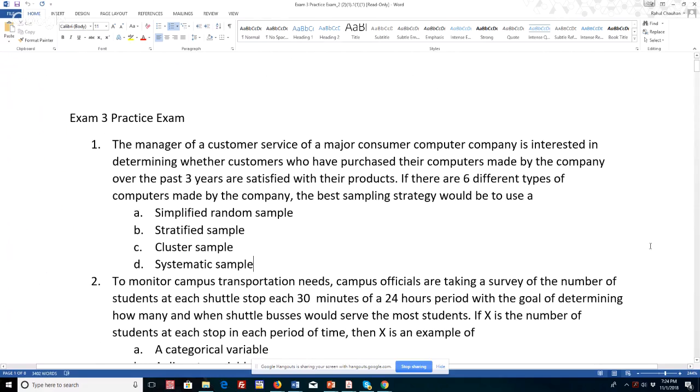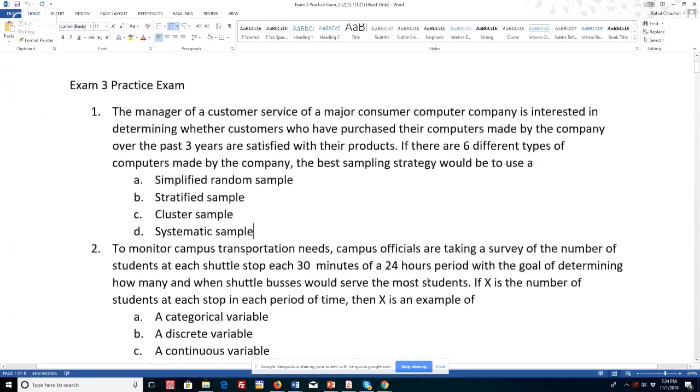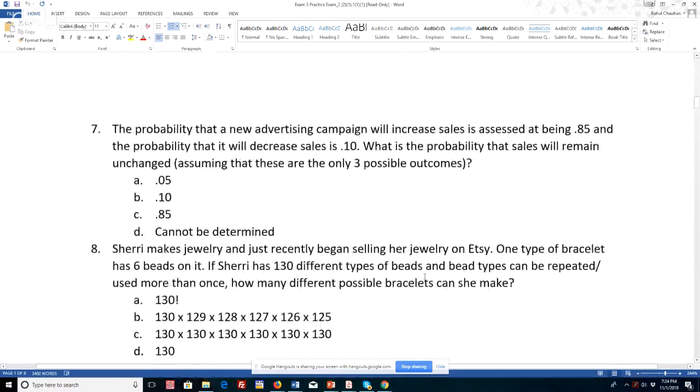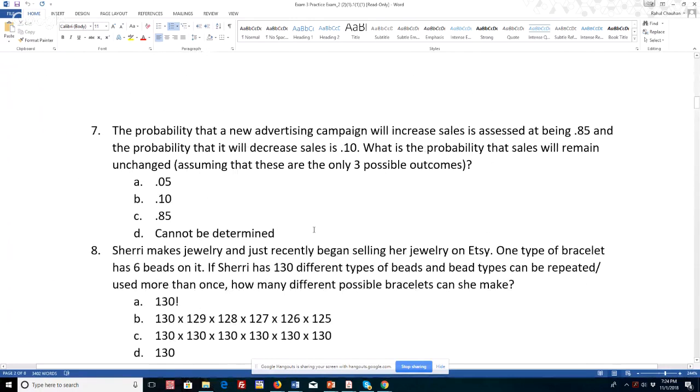Number 7, practice exam. Number 7, question 10. Okay, are you saying that number 7? Okay. Here's number 7. I think that's what you mean, right? Is that question number 7 and question 10?